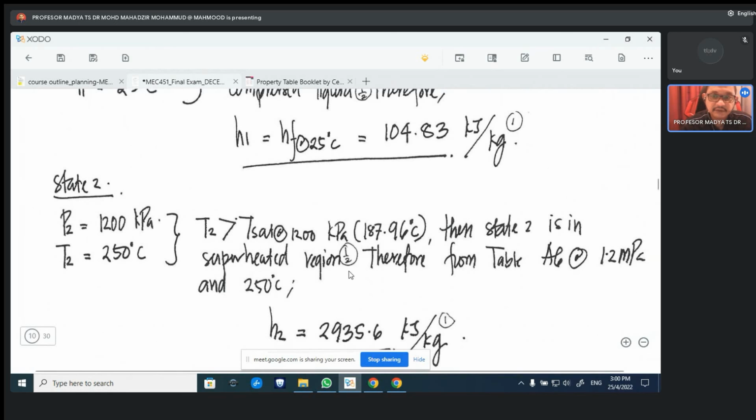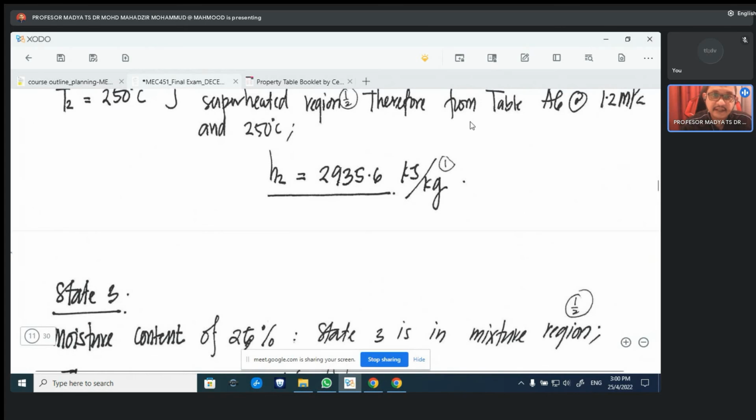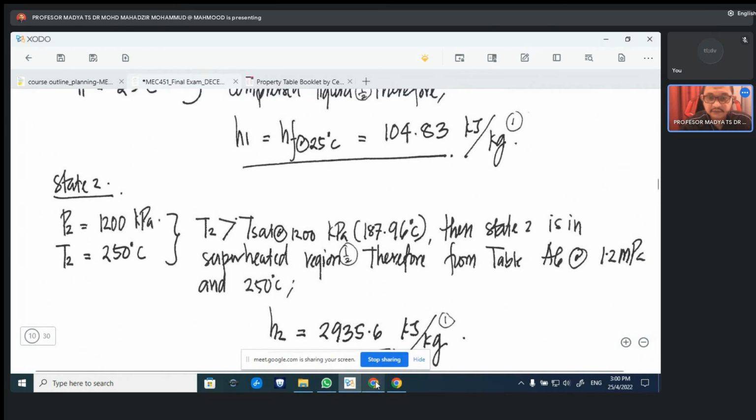So look at the superheated region tables. From there you will find H2 is 2935.6 kilojoule per kg. Where to find the superheated region?